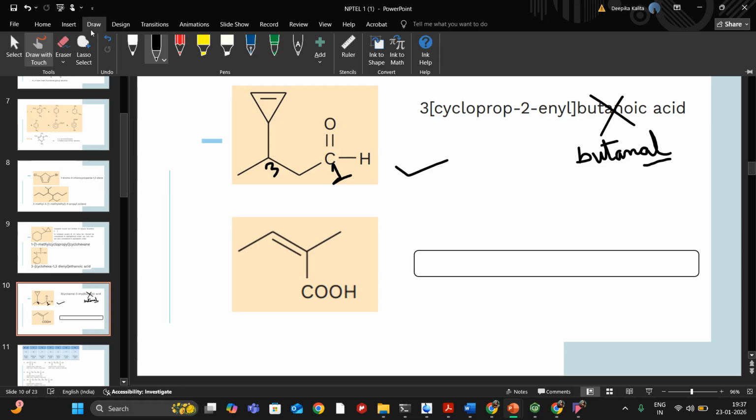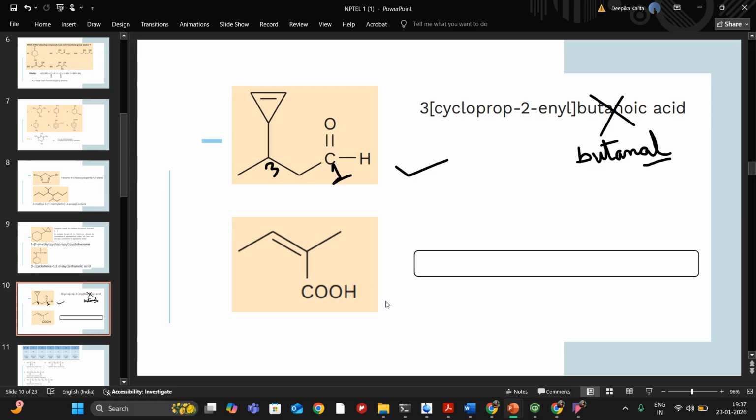Similarly, in the next example, we again have a carbon-carbon double bond along with a carboxylic acid directly attached to the double bond. Again, we are going to give higher priority to the functional group, which is here the carboxylic acid group.